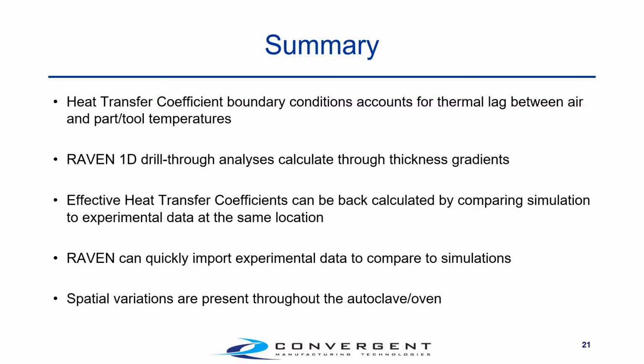We were able to back calculate effective heat transfer coefficients by comparing real experimental data to the simulation at the same location. And Raven was able to quickly import that experimental data to compare to these simulations. As a result, we saw a lot of spatial variations throughout the oven and/or autoclave, and this can be very important for bounding your thermal management problem.